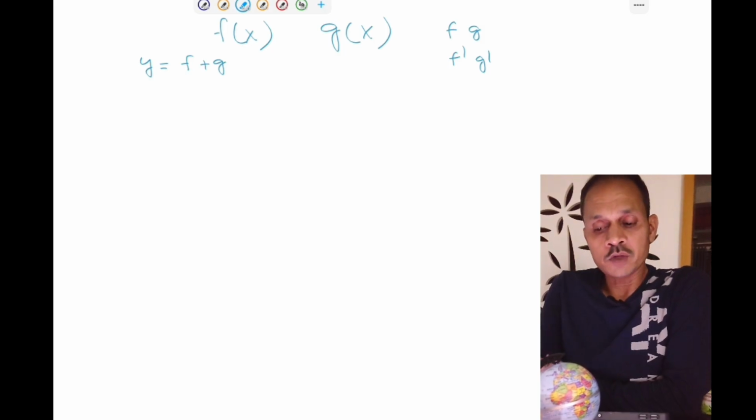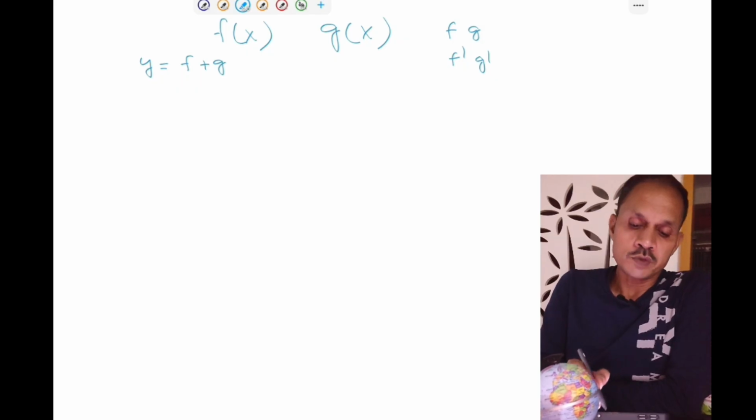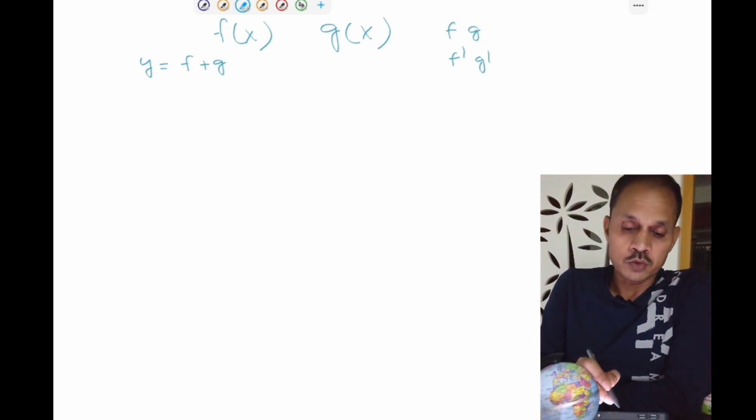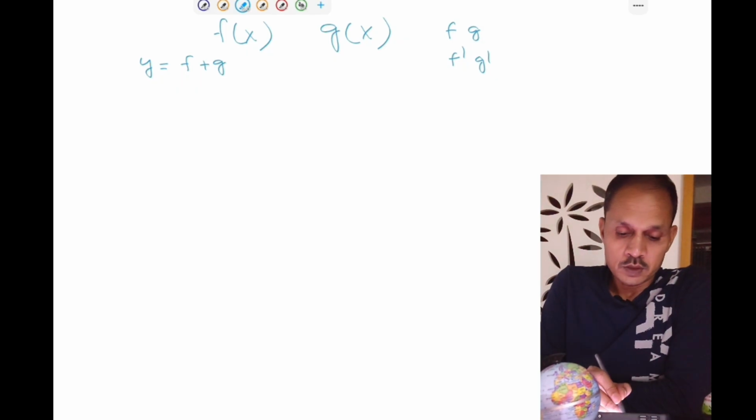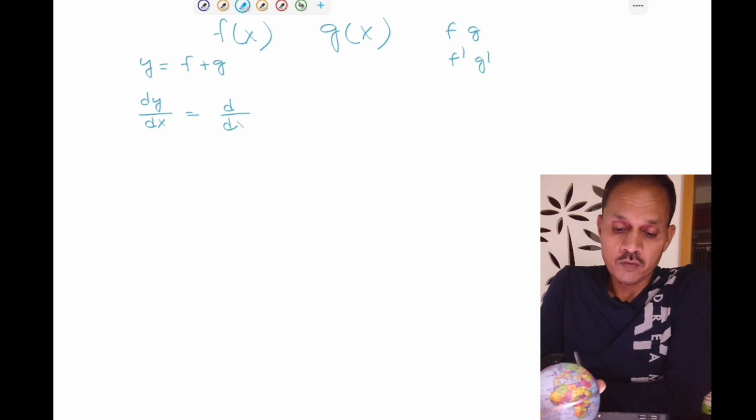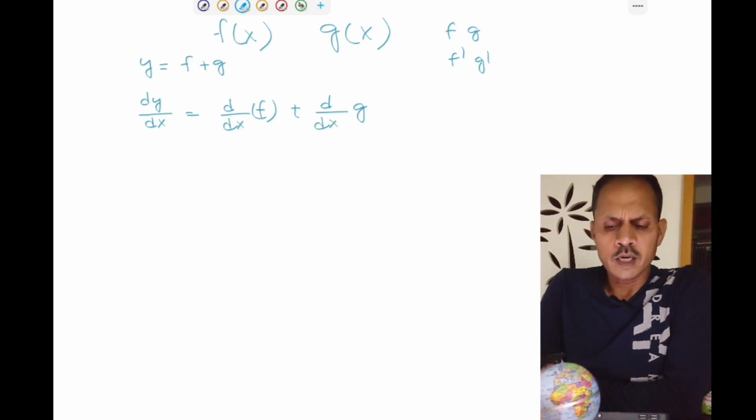So f dash is the derivative of f, g dash is the derivative of g. So y equal to f plus g, 2 different functions. Then what is dy by dx? This is d by dx of f plus d by dx of g. We can also write it as f dash plus g dash.